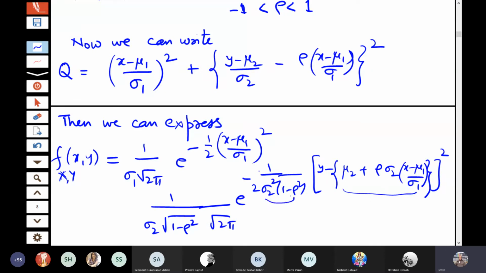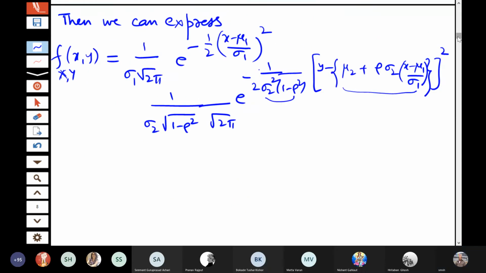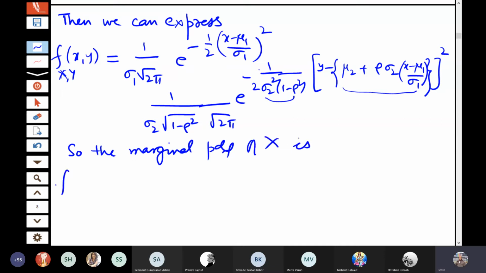So if I integrate with respect to y from minus infinity to infinity, it is a normal distribution with this mean and this variance. So the integral should be equal to 1. So the marginal PDF of x is nothing but the first term that is here.